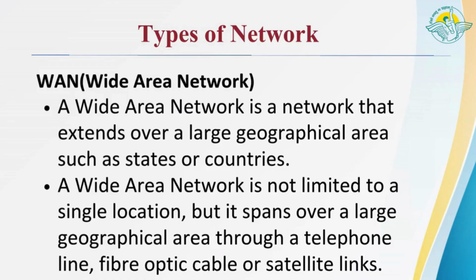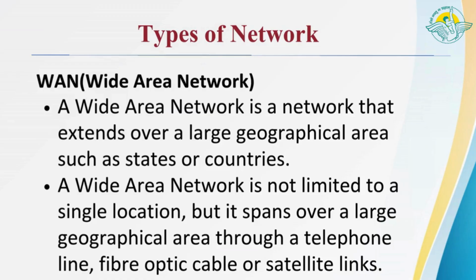A person sitting in New York who is your friend, you can send a message from India and he receives it and replies. So how is it happening? Which network is responsible for this communication? My dear friends, this communication is possible with the help of the wide area network, which is WAN.